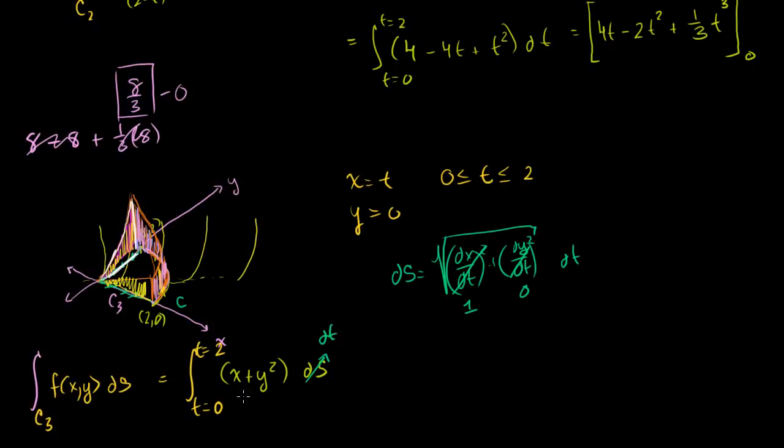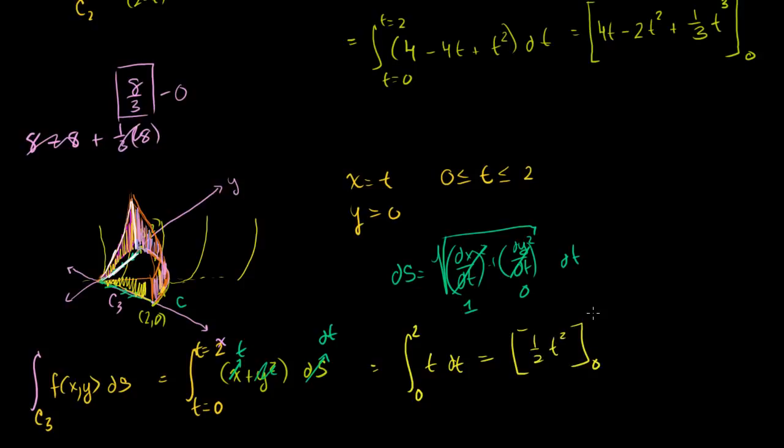And then our x is going to be equal to t. That's our definition of our parameterization. And y is 0, so we can ignore it. So this was a super simple integral. This simplified down to, we're going to go from 0 to 2 of t dt, which is equal to, the antiderivative of t is just 1/2 t squared.